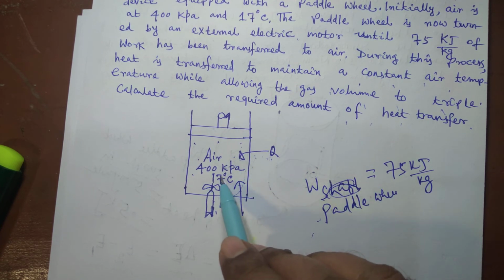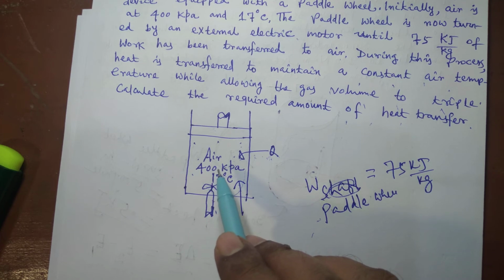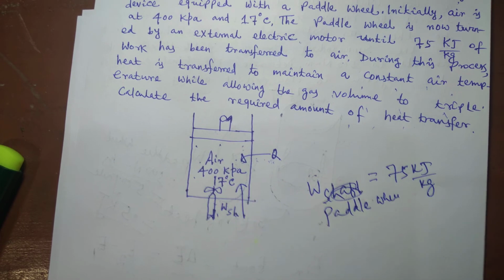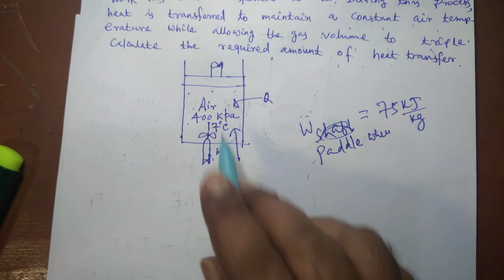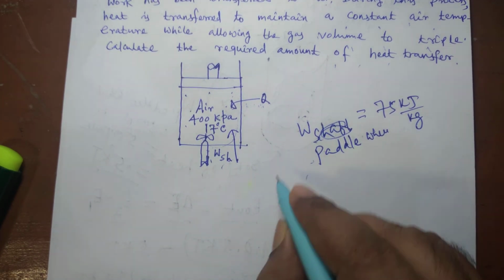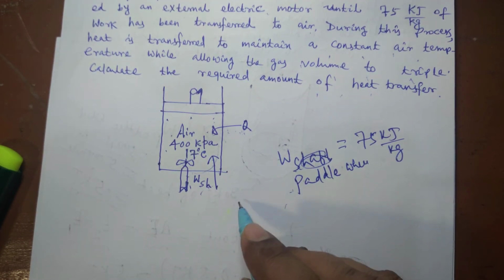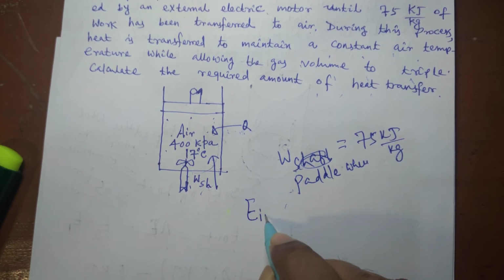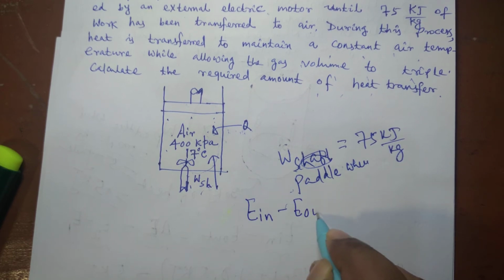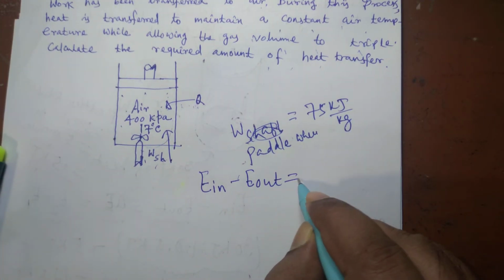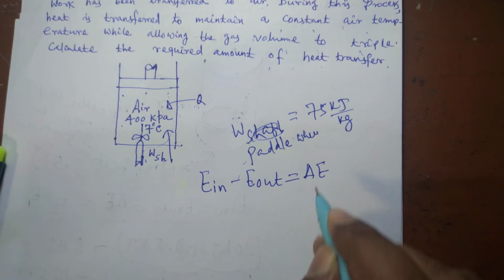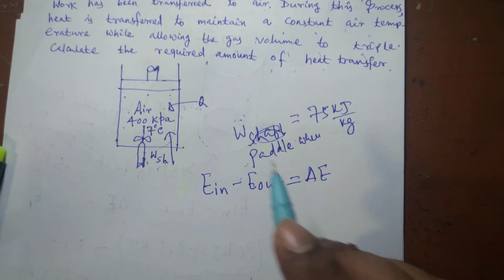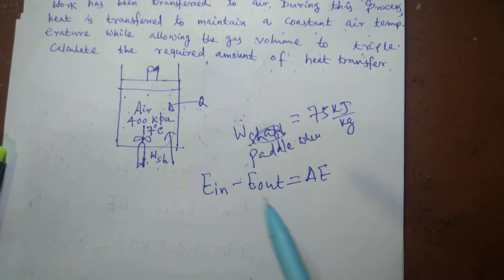So that this air would expand to 3 times its initial volume. So some work will be done. You see, in every process that a closed system undergoes, the energy balance equation holds good. E in minus E out is equal to delta E. This is a stationary system, this is not moving.